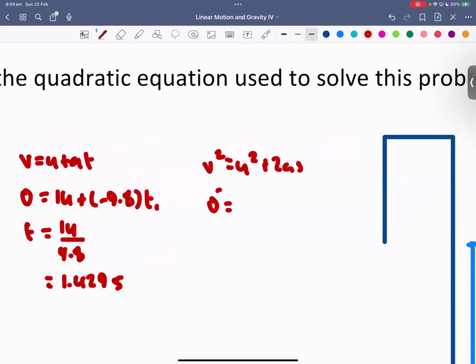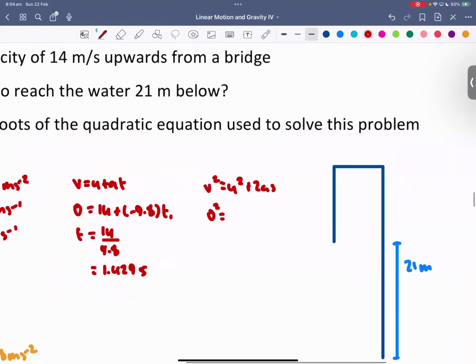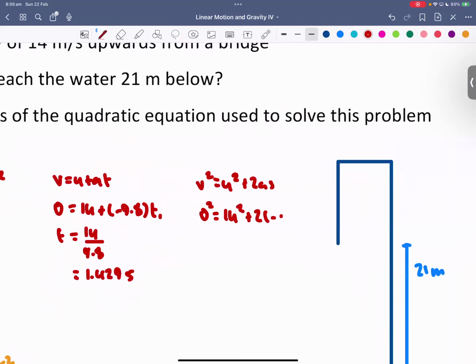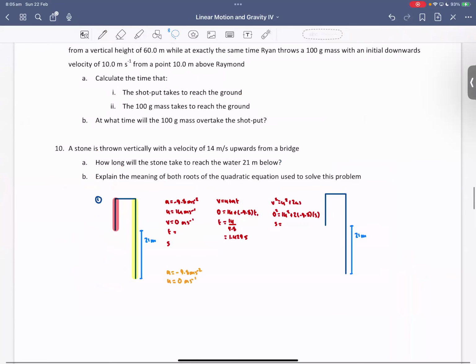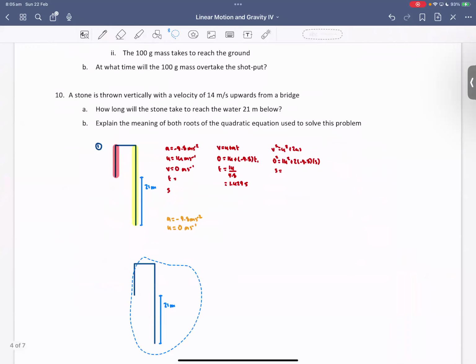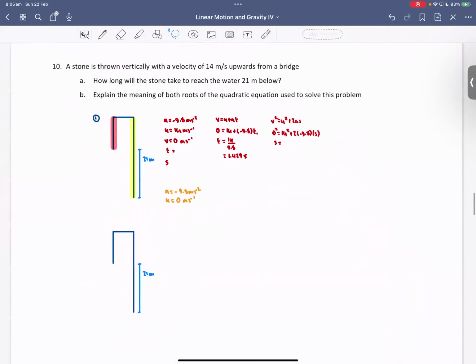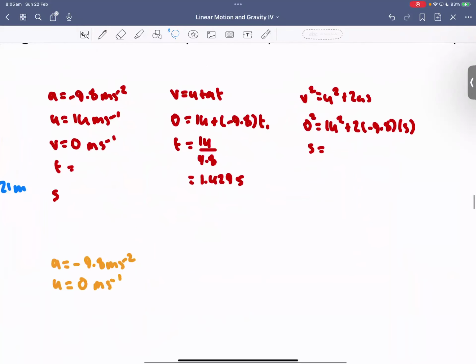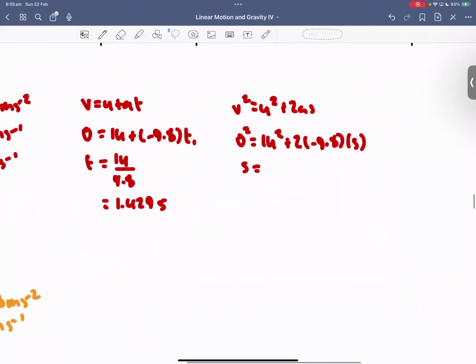0 squared equals U was 14 squared plus 2 times minus 9.8 times S. Can I please get an S? What's 14 squared? Divide 19.6. What's 196 divide 19.6?